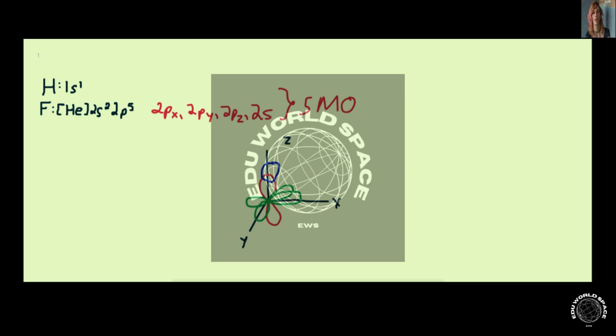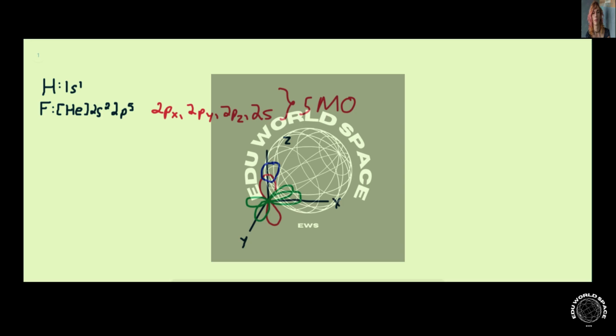So D. In the most accepted picture of HF, all other atomic orbitals on fluorine would move over at the same energy onto the molecular energy orbital diagram for HF.